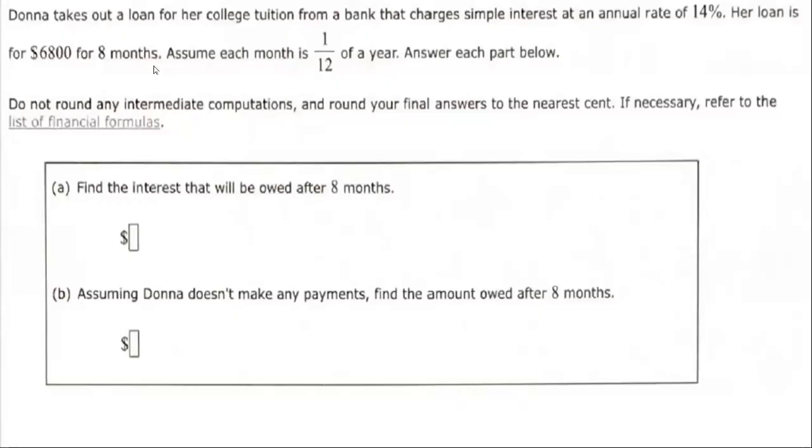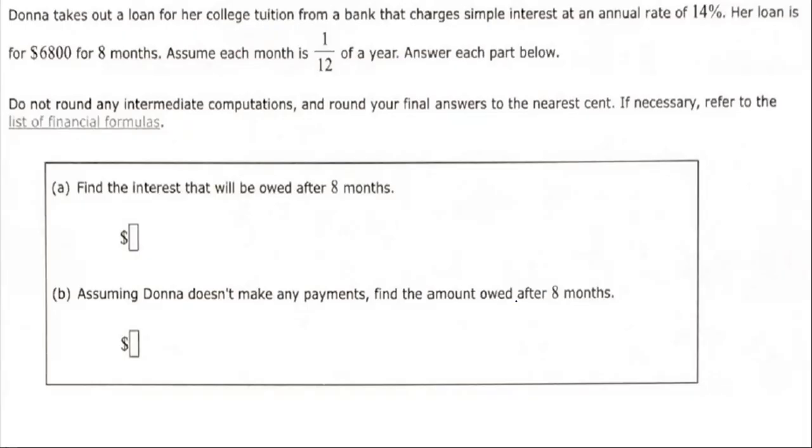All right, so again, let's read this as: Donna takes out a loan for her college tuition from a bank that charges simple interest at an annual rate of 14%. Her loan is for $6,800 for 8 months. Assume each month is 1/12 of a year. Find the interest that will be owed after 8 months. Assuming Donna doesn't make any payments, find the amount owed after 8 months.